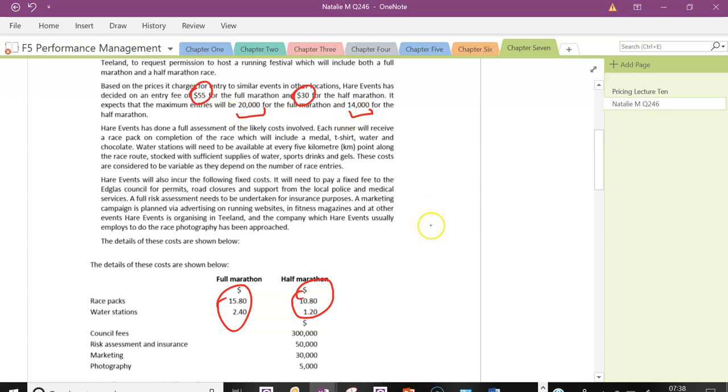So in effect, for every 2 donuts you're selling 1.4 sausage rolls, or for every 2 full marathons you're selling 1.4. Personally, I would have kept it at for every 20 full marathons you're selling 14, or for every 10 you're selling 7. So this is your combination, this is your batch, if you like.